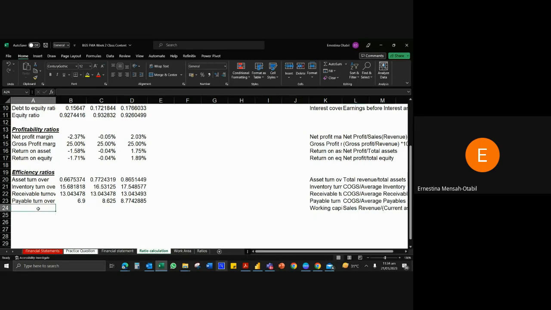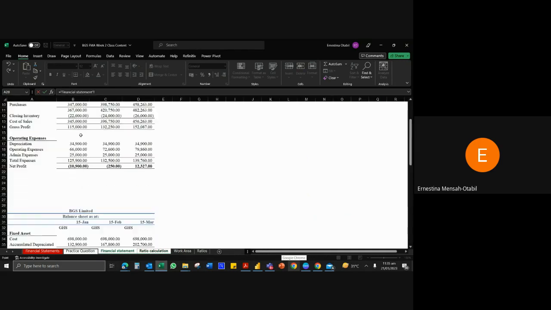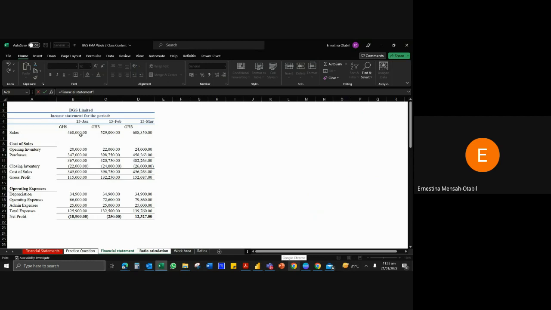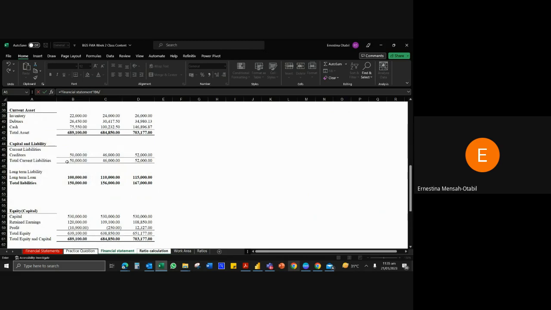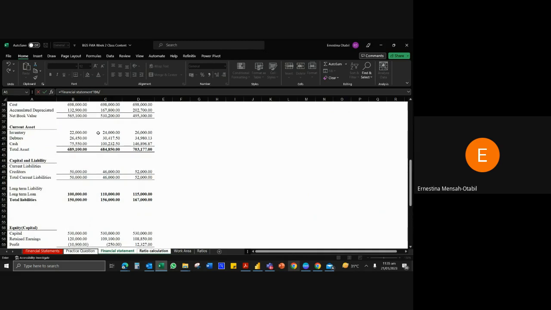So let's compute working capital turnover, equal to sales over the working capital. So current assets, let's bring our brackets: current assets minus your current liabilities.